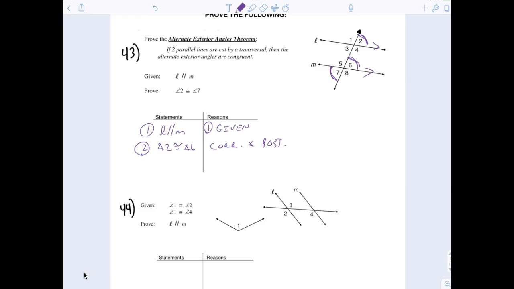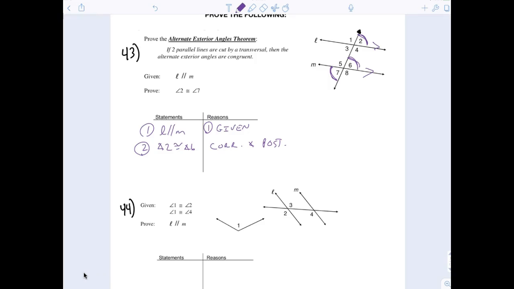No, but I see how it got. Good. Can I make sure mine is correct? Is there another way to do that for number 43? If you use corresponding angles, you have to use corresponding angles. How are you going to relate without corresponding angles? Angle 2 is congruent to angle 3 and angle 7 is congruent to angle 6.